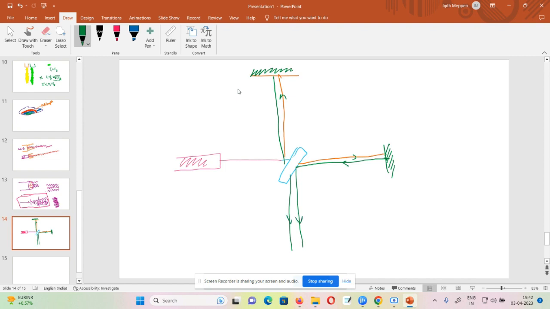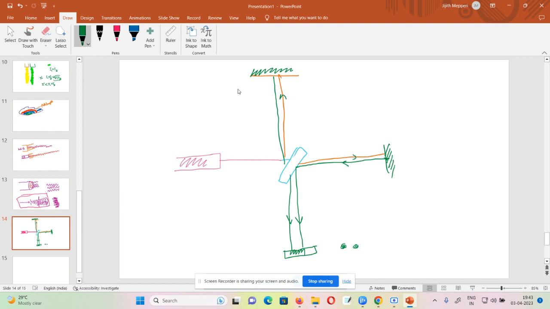So what will happen here? These two portions will interfere, and you will get an interference pattern here. How will the interference pattern be? If your mirrors are perfectly aligned, there will not be any interference pattern. If constructive interference is happening, you will get a bright spot. If you get destructive interference, you will get a dark spot.